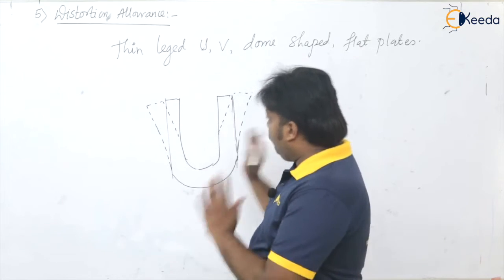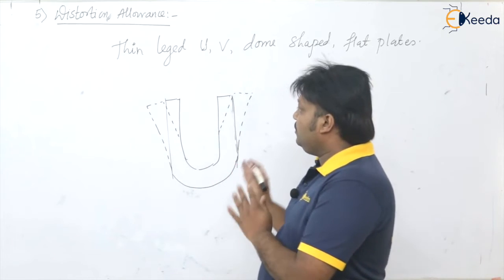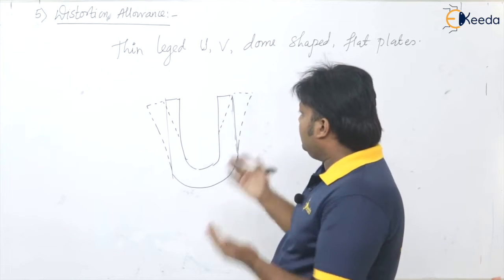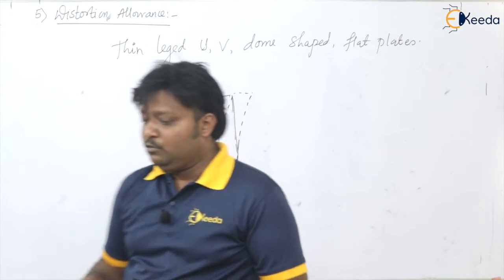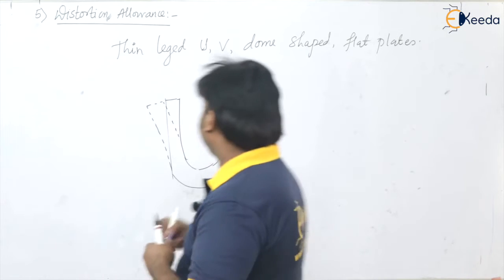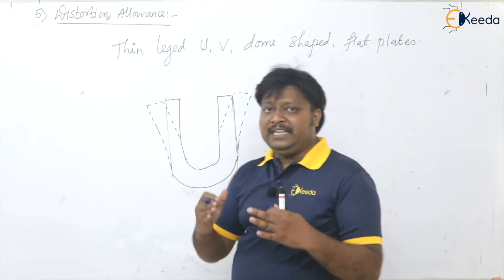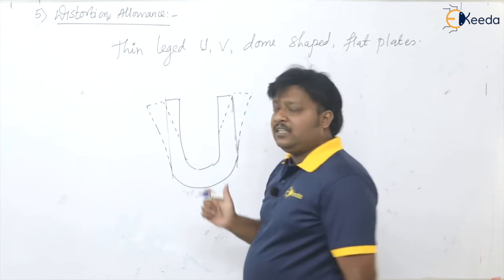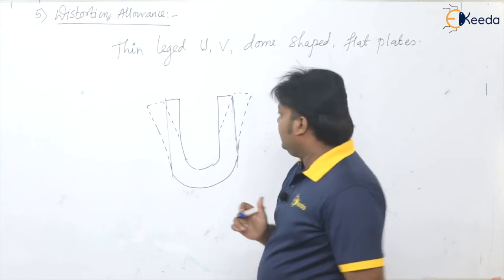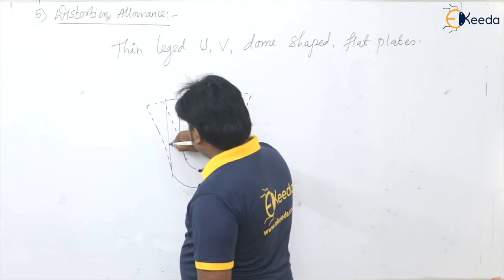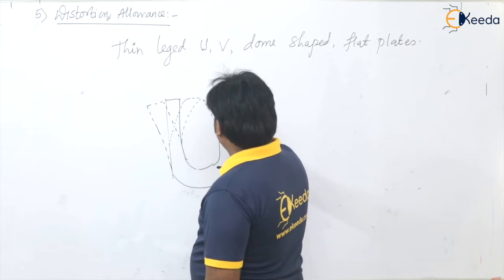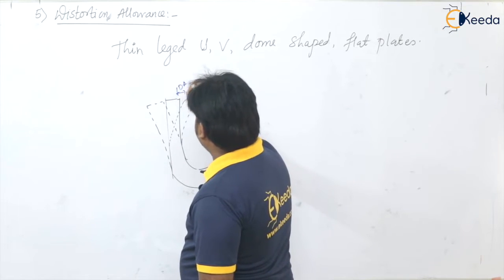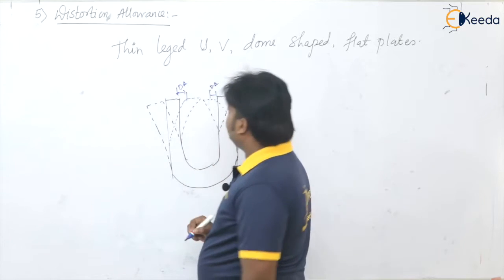So to avoid this warpage, to avoid this distortion, we are providing this distortion allowance. What are we actually doing here? See, we intentionally bend or flex this portion before doing the casting. See, I am intentionally bending this by an amount of, say, distortion allowance.